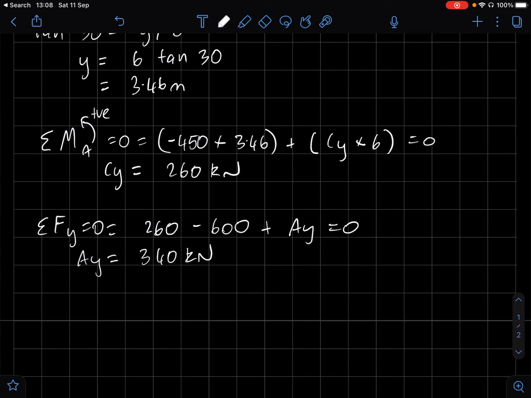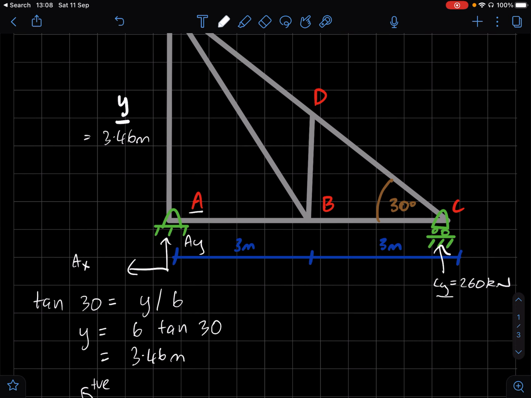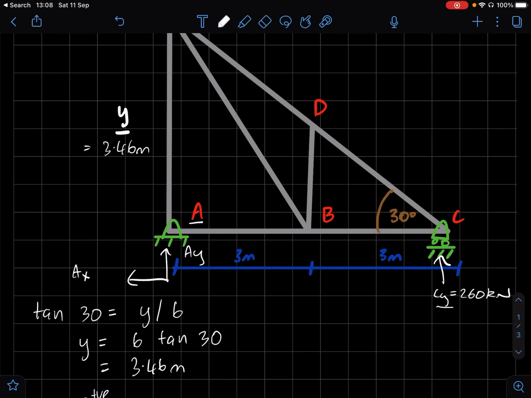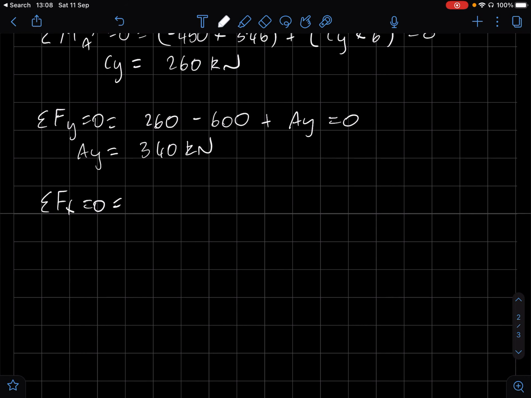Okay. And finally, let's do the sum of the forces in the X. So we have negative AX, as I've drawn it, and positive 450. AX is 450. Easy.